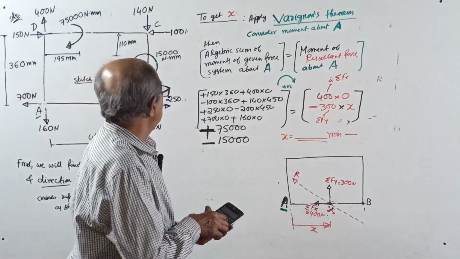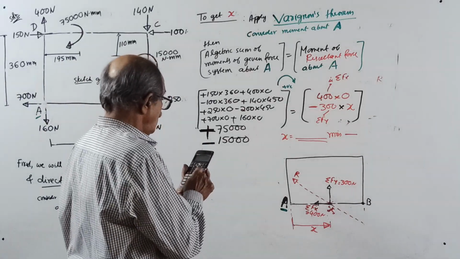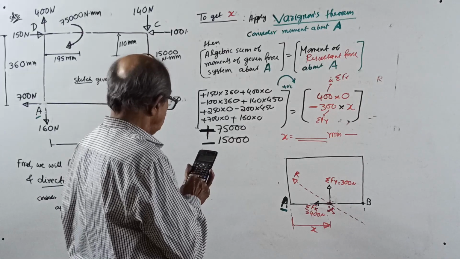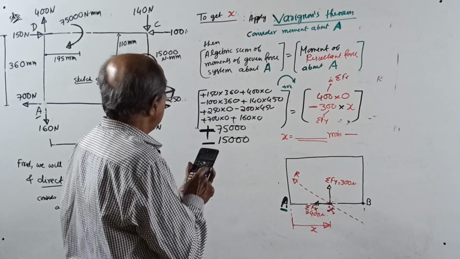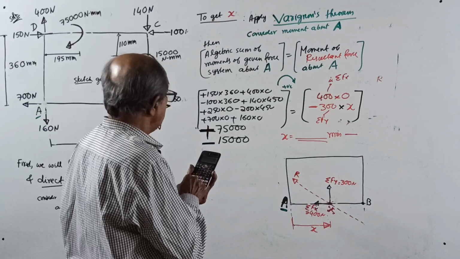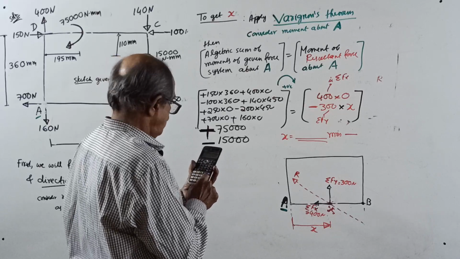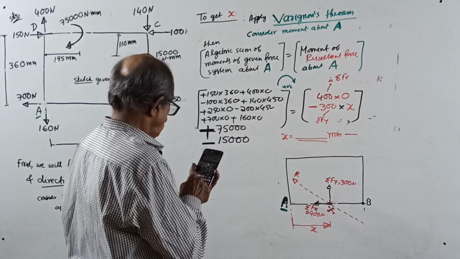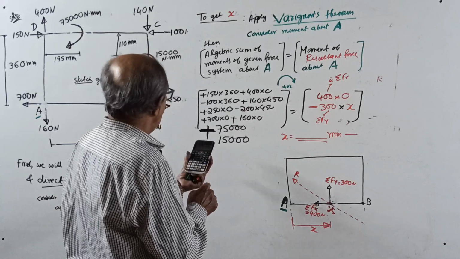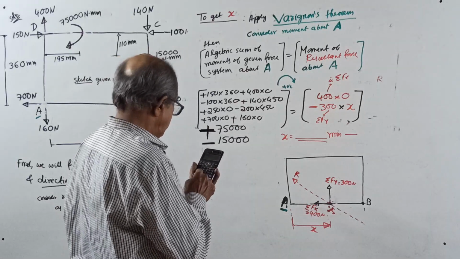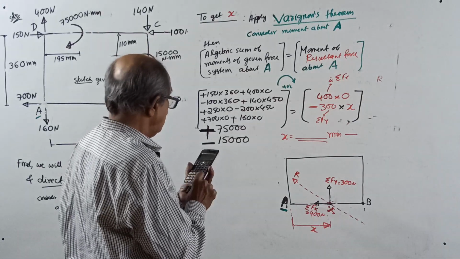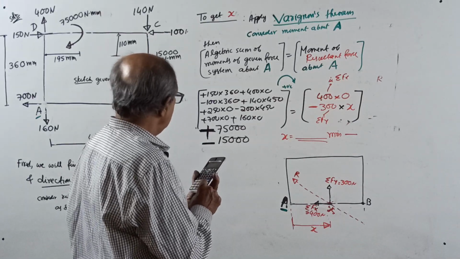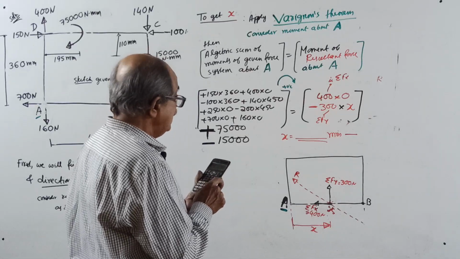Okay, I'll calculate now. 150 into 360 minus 100 into 360 plus 140 into 450, then minus 200 into 450, that's all, plus 75,000 minus 15,000, divided by 300.